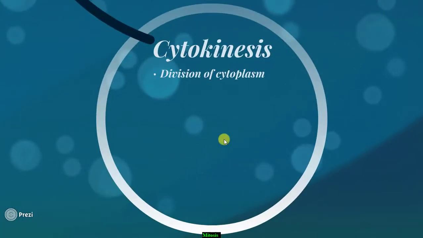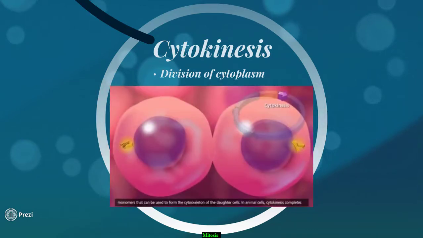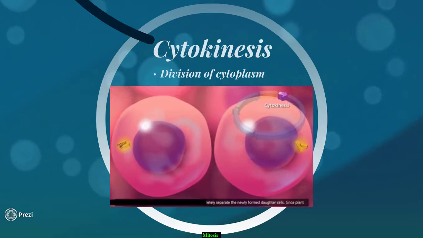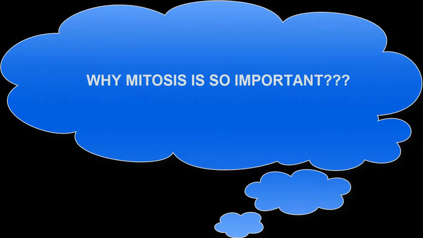The very last step of cell division is called cytokinesis, in which the cytoplasms of daughter cells will be divided completely or separated.